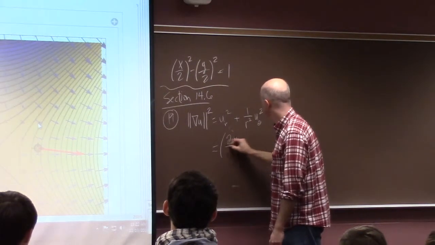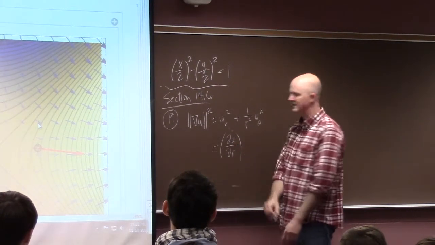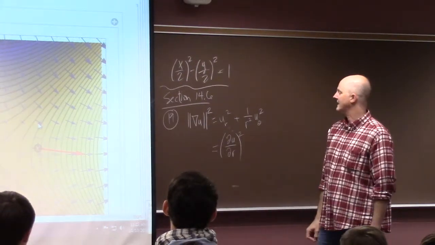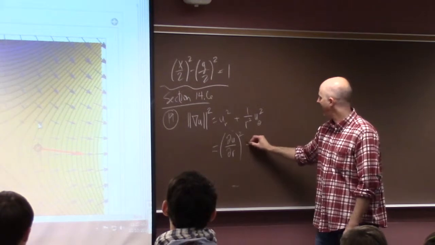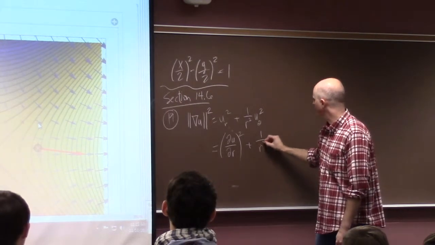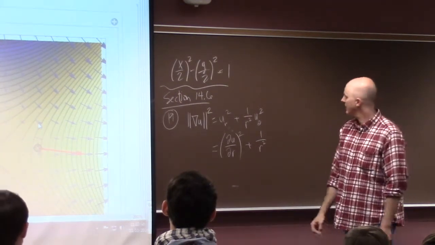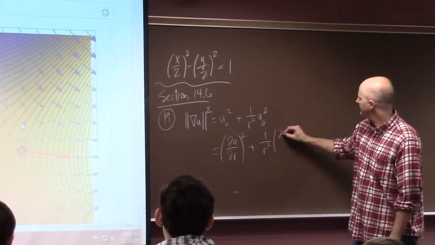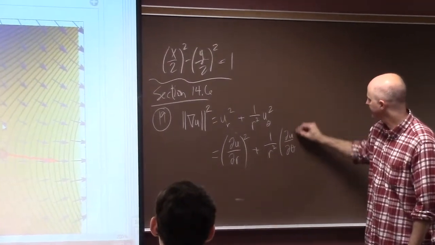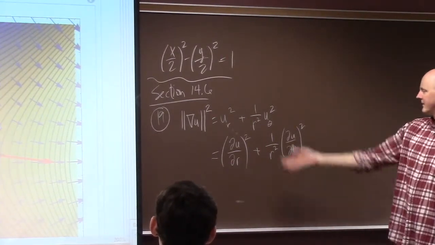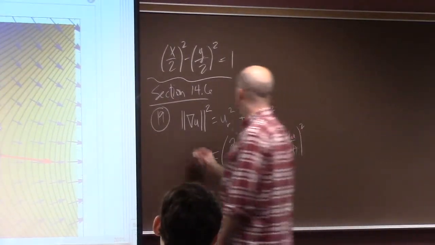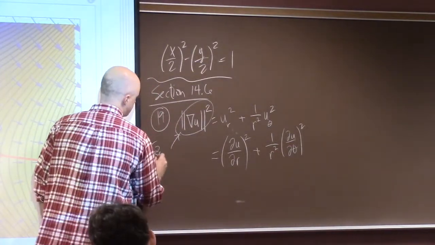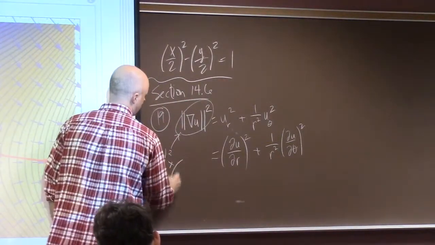The partial of u with respect to r looks like that, or you can call that du dr if you like. That's being squared. Add on 1 over r squared, where r is the polar coordinate, the radius, the distance to the origin, times du d theta squared. The claim is that this is true, where this would ultimately be du dx squared plus du dy squared.